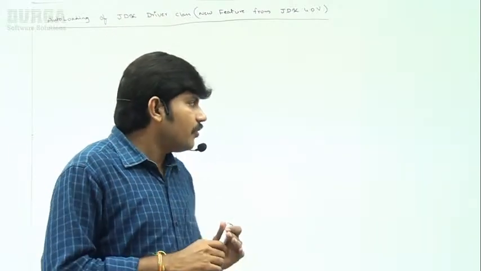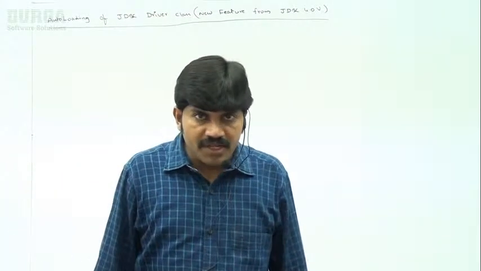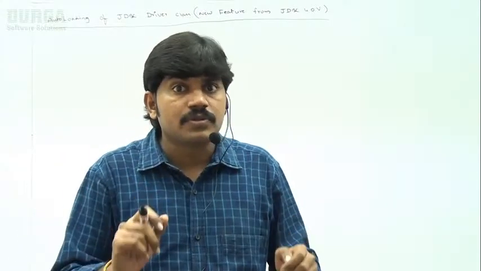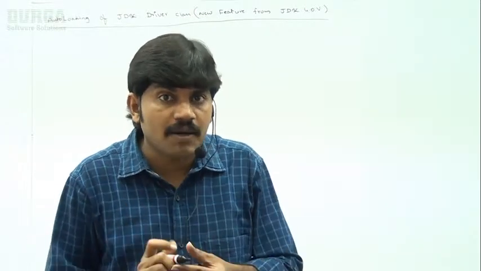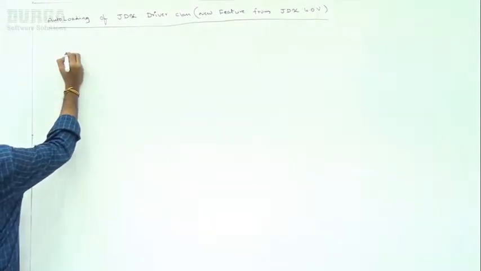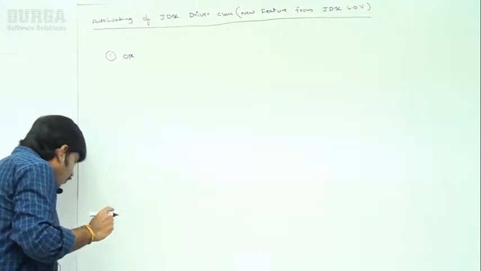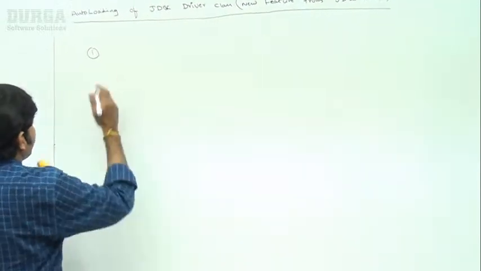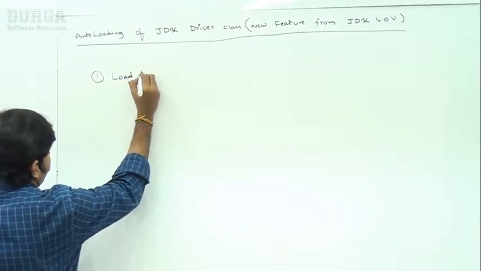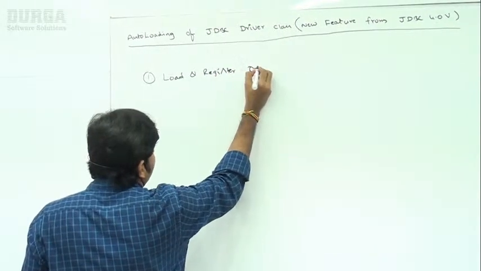Now, if any person asks what are the various standard steps for developing a JDBC application, can you spell them out, sir? What is the first one? Load and register driver class.